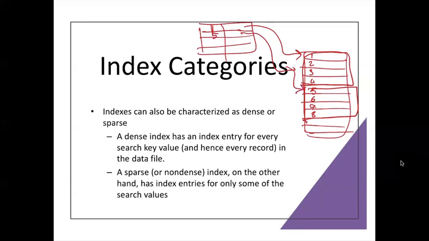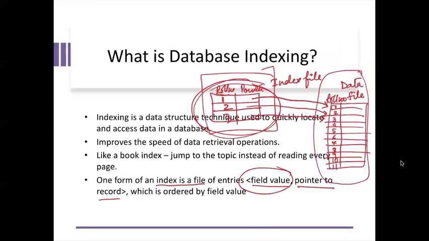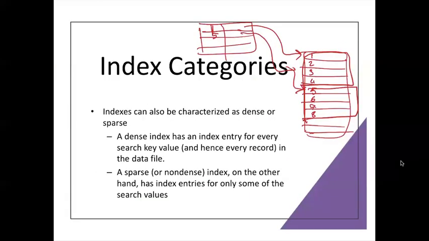So in the previous example, this is a dense index. This is a dense index because you have one entry in the index for each record in your data file. Whereas this, you can see, is known as a sparse index, where there is no entry for roll number 2, 3, 4 in your index.